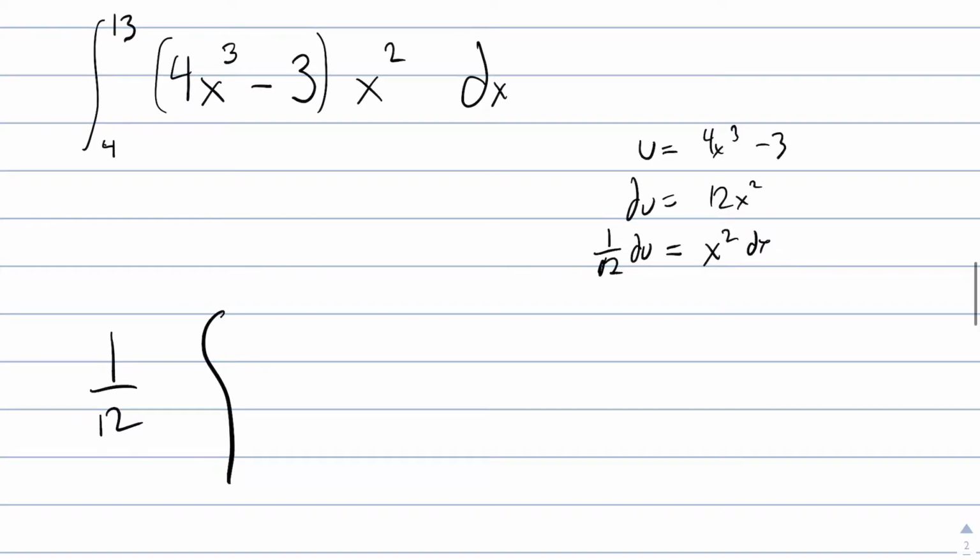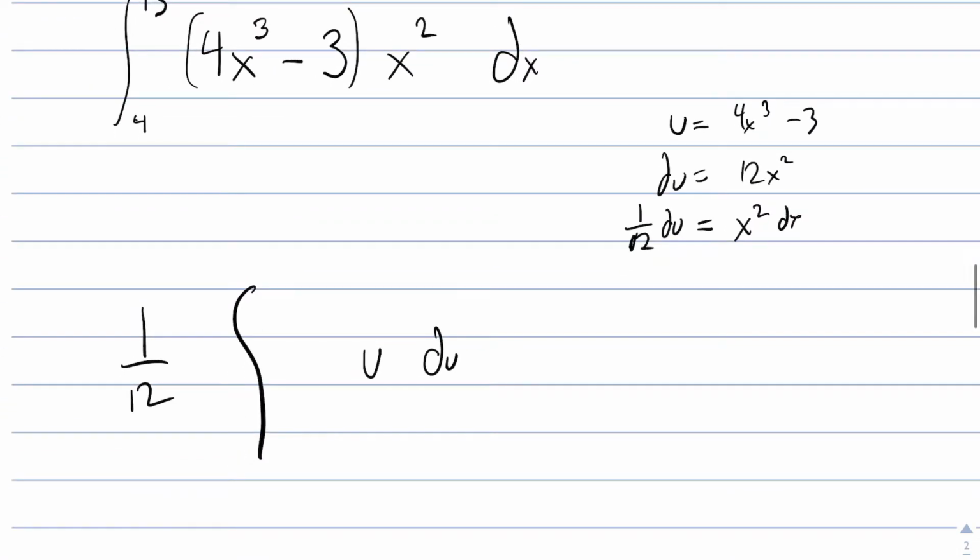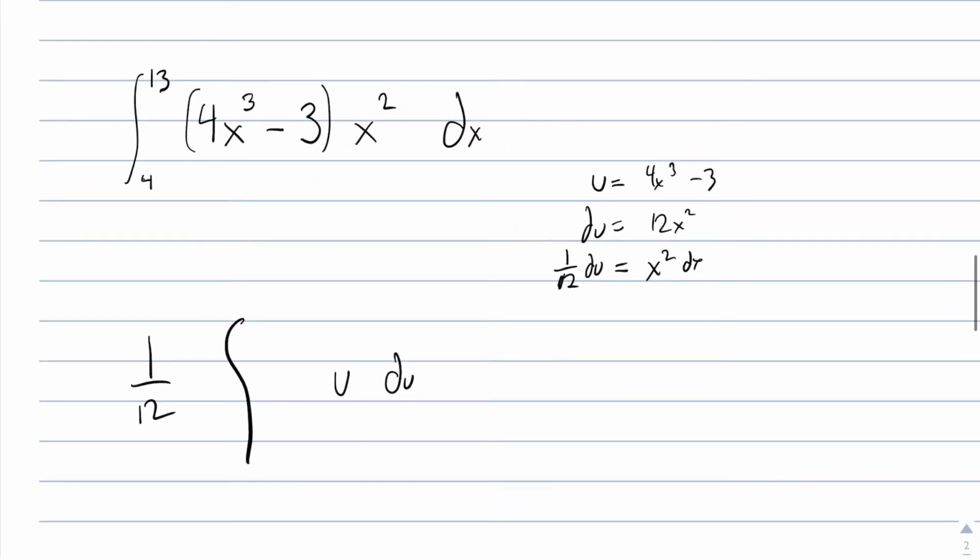And okay, now we're going to set it equal to u, so that would be u du. Yep, that's correct. And now we're going to try and find the bounds, which might seem a little bit difficult. 4 times 13 to the third minus 3, and then 4 times 4 to the third minus 3.